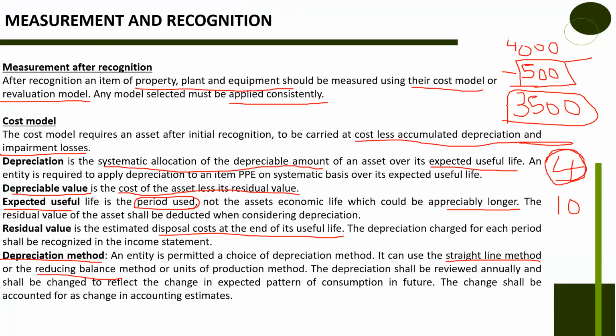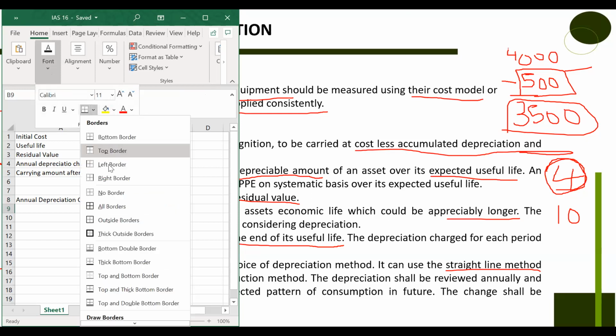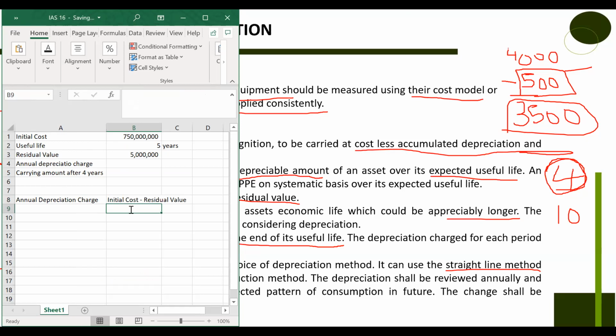So let's go back to our Excel. You will now divide this by the useful life of the asset. So divide by what? Useful life.